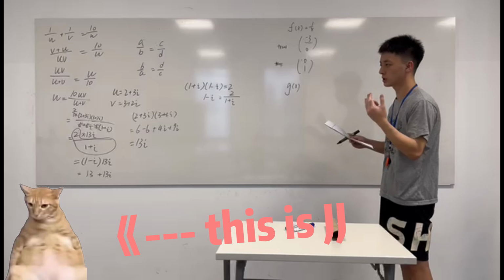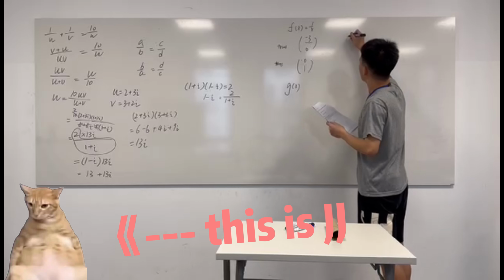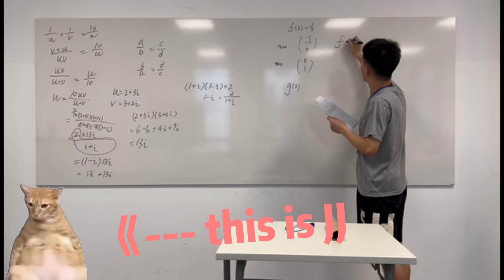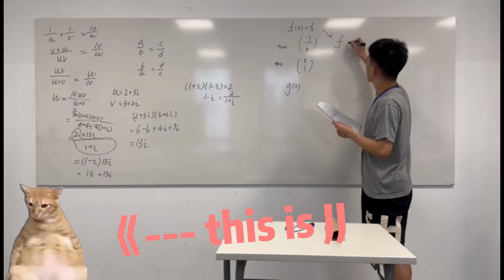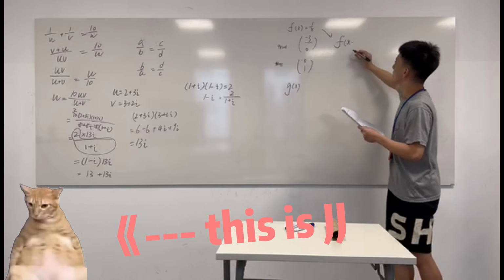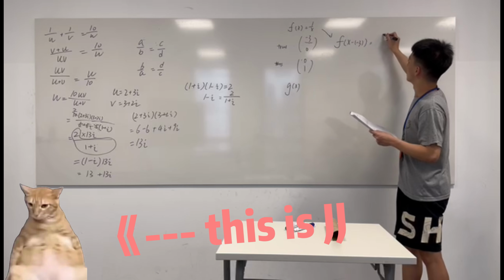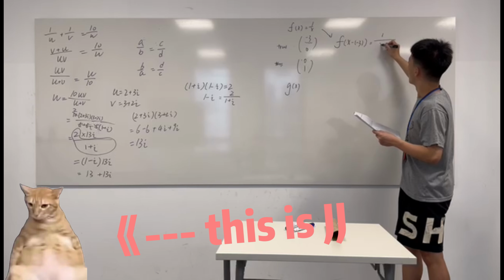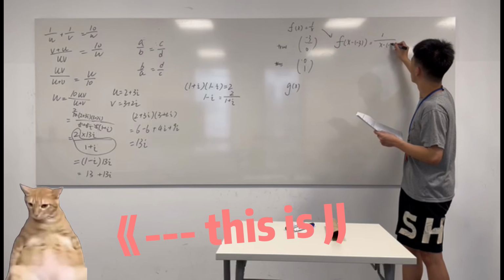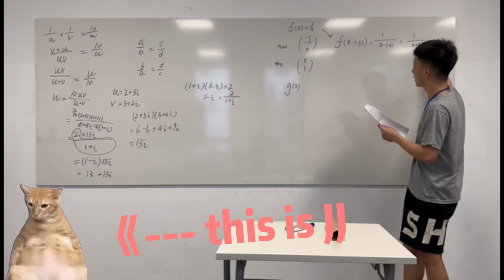Translate 3 units to the left. So from here to here, the thing inside the bracket should be this, which is equal to 1 over x minus -3, which is 1 over x plus 3.